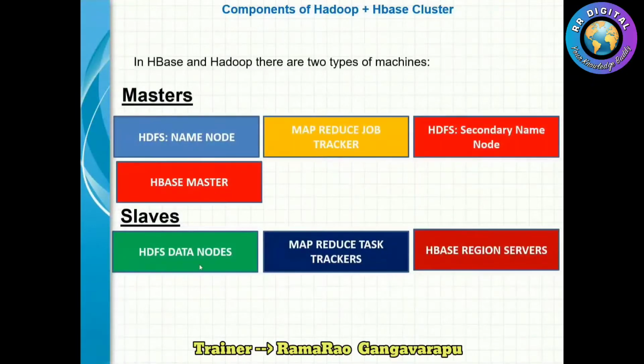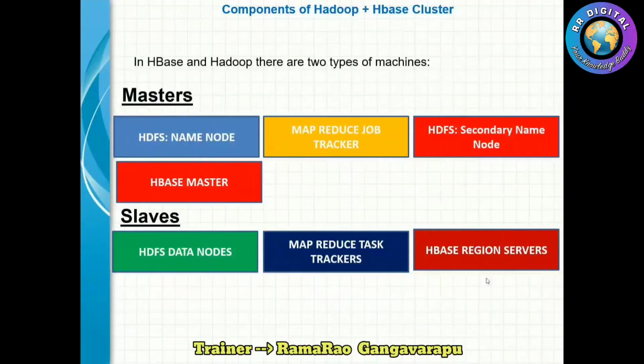Coming to slaves also, in HDFS we have n number of data nodes, and each data node contains a task tracker, right? From HDFS, these two we call slave nodes. If HBase is there, then one more new slave is available, that is the HBase region servers.